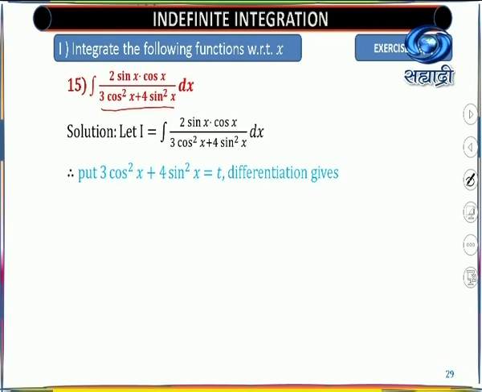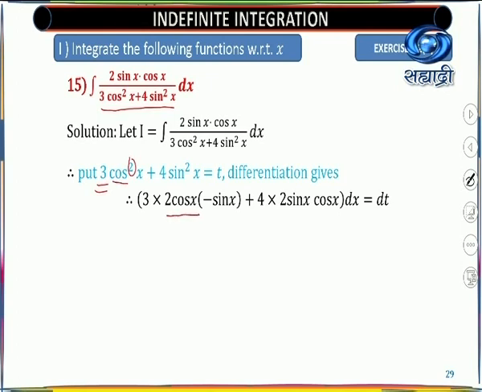Now differentiating, what will you get? The 3 is as it is, this is a power so you get 2 cos x, and the derivative of cos is minus sin x. Similarly in this term, 4 as it is, 2 into sin x, and the derivative of sin x is cos x dx.